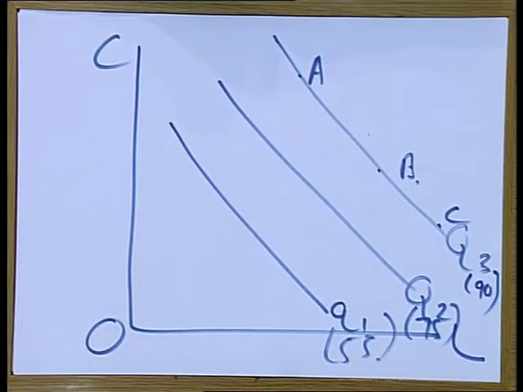Now, what is important is that if the two inputs are perfect substitutes, then the MRTS remains constant as you move along the isoquant. So it means that the ratio at which capital and labor can be substituted for one another is constant. It's the same, right? It doesn't change as you move along the isoquant. So that's why the MRTS is constant, right?